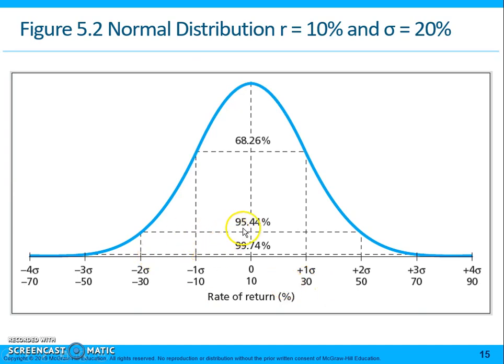And then 95% of our observations are going to lie between two standard deviations on the bottom side and the upside as well. So in this case, it would be a loss of 30% and a gain of 50%. So 95% of our returns are going to lie in between these two parameters. So then three standard deviations is almost 100%.